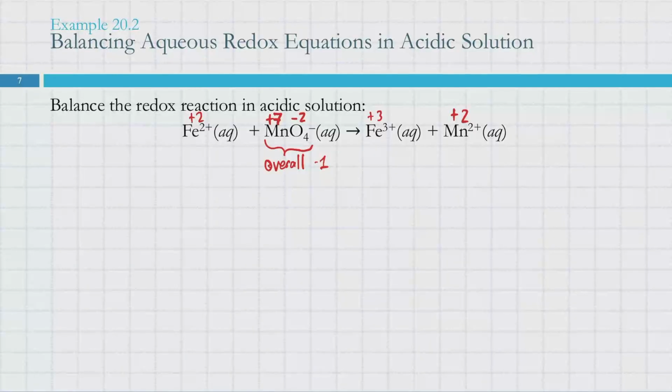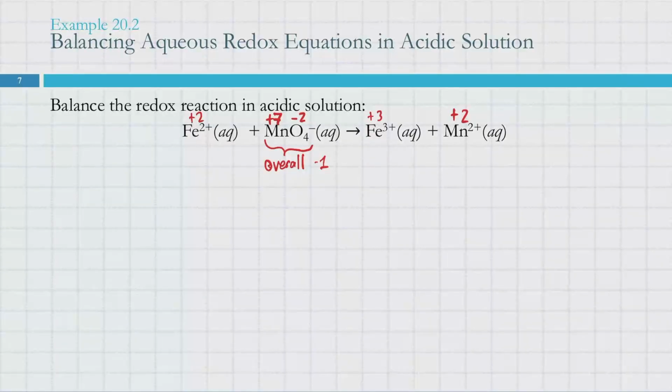So for the permanganate, the MnO4 minus, we can also assign values based on it being ionic. If we treat it like it's ionic, oxygen forms a 2- charge, so it gets a -2. Manganese would have to take up a +7 because it can have variable charge. So that'd be the other way that you can come about it. Either way, you should get to the same conclusion.